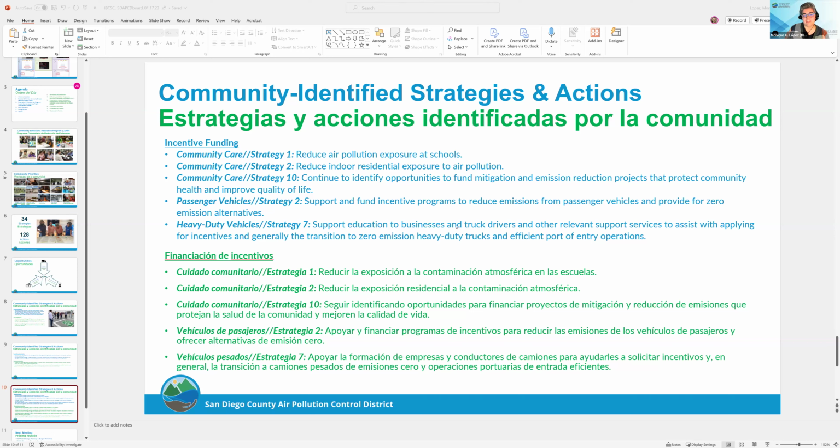But support education to businesses and truck drivers to assist with applying for incentive funding opportunities as well. So these are some items in the incentive funding category where some actions or steps can be taken towards implementation at this point. So again, they're just opportunities for us to think about.